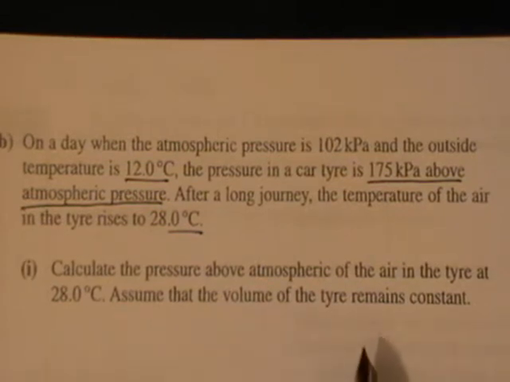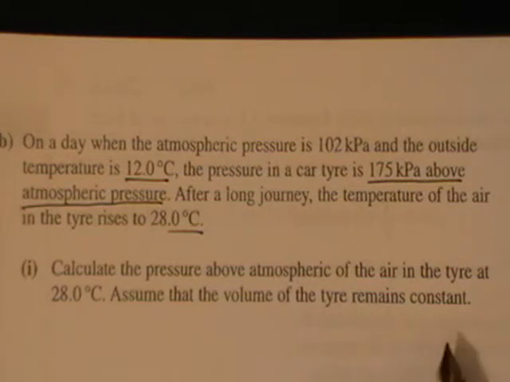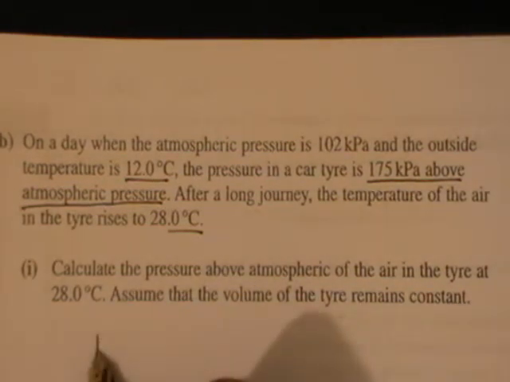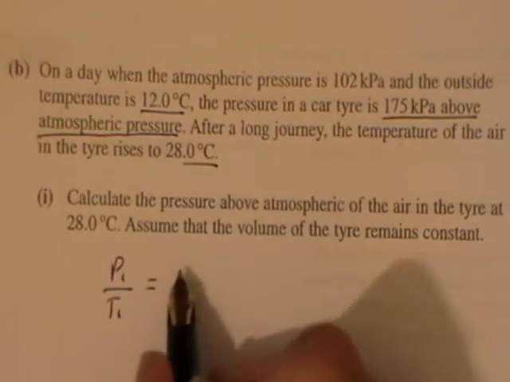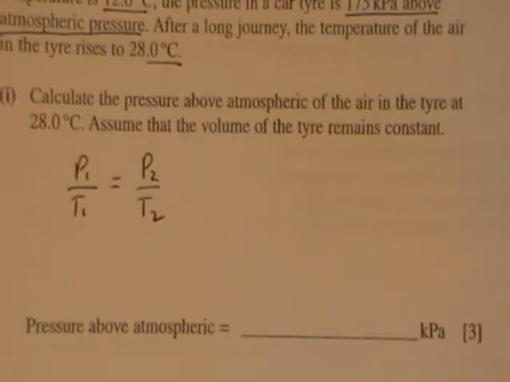So calculate the pressure above atmospheric of the air in the tire at 28, assuming that the volume of the tire remains constant. So volume remains constant, so we can say P1 over T1 equals P2 over T2. That's the calculation we're going to do.